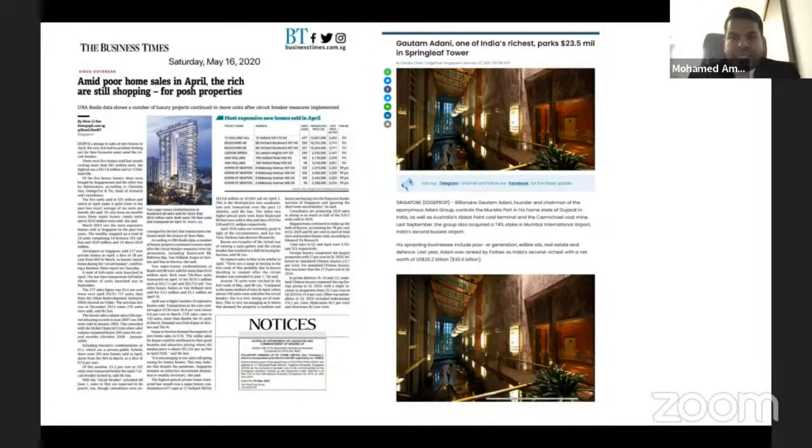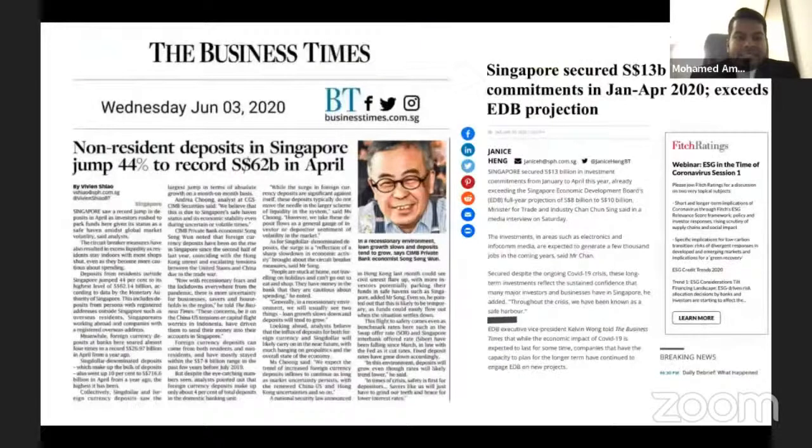One of India's richest men also invested in Springleaf Tower. Non-resident deposits in Singapore jumped 44% to a record 62 billion in April. So a lot of overseas investors, besides investing in properties, deposit money into Singapore due to the safety and security of the country.